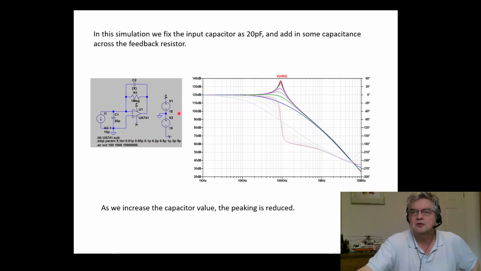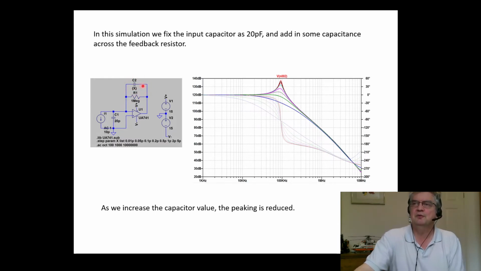Okay, right. So what we started to do was ask, how can we get rid of some of this peaking? What we need to do is some form of compensation. We noticed that if we put very small capacitances in parallel with the feedback resistor, that affected the response. We can see that as we change this capacitance from 0.1 picofarads all the way up to 5 picofarads, we change the response here.